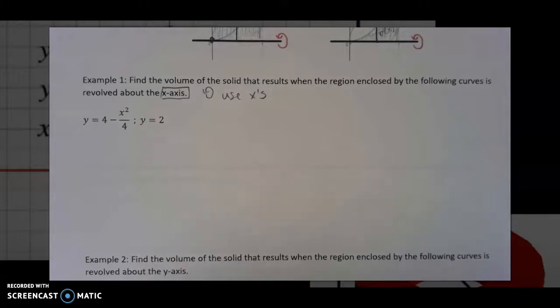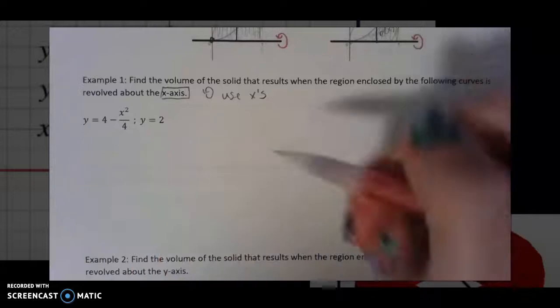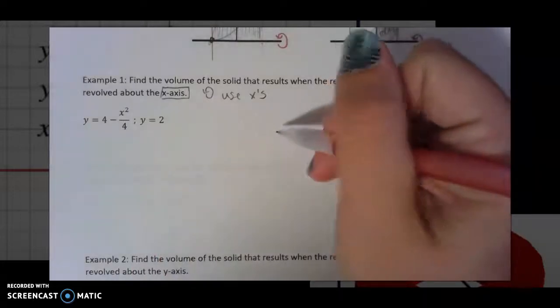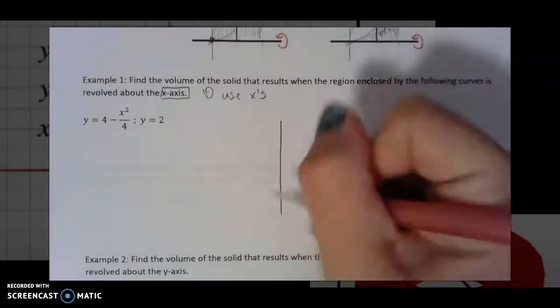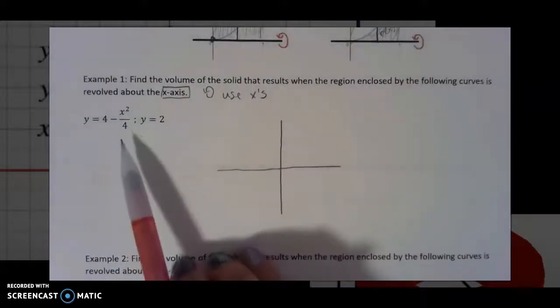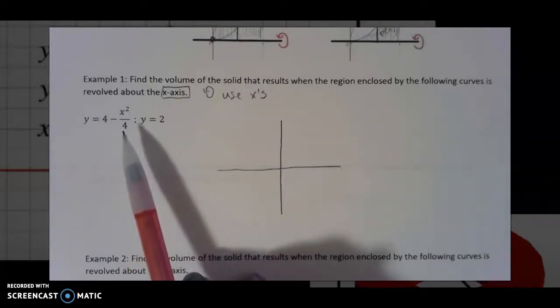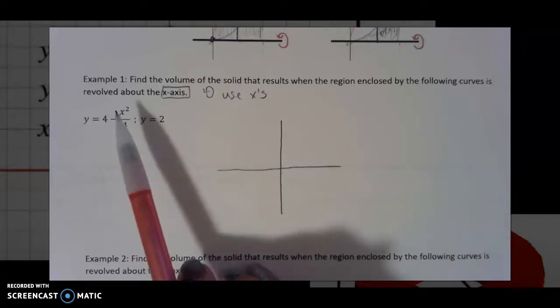Okay, so the first thing that I'll always recommend doing is graph this. So these are already y equals, so that makes this really easy for us to graph. I'm going to put the graph in the middle on this stuff. Okay, so here when we graph this, you can use your graphing calculator, you can use Desmos. Hopefully you're getting very comfortable with that. This is going to be a quadratic.